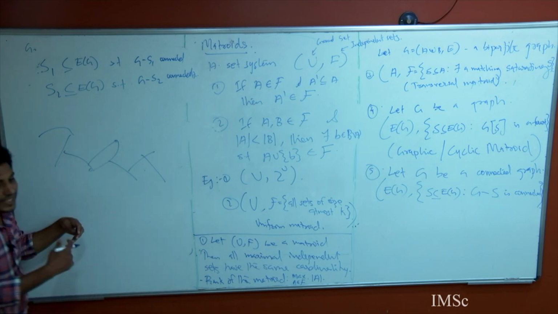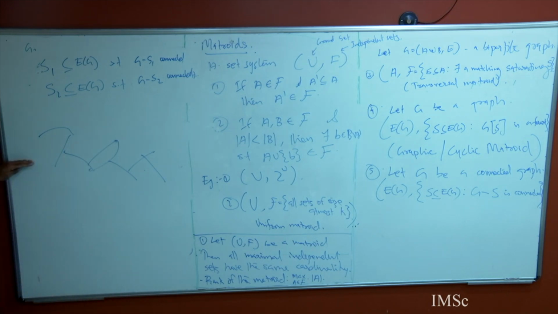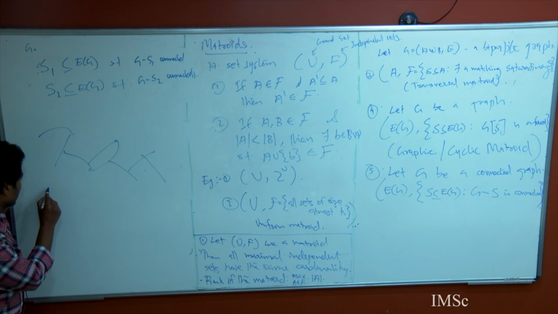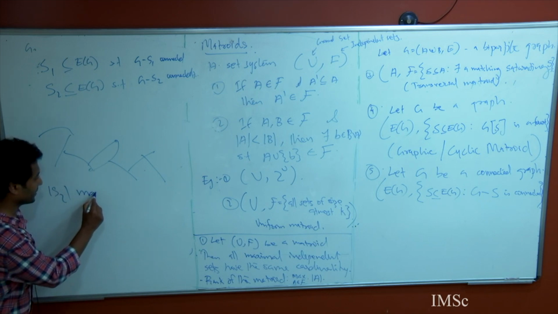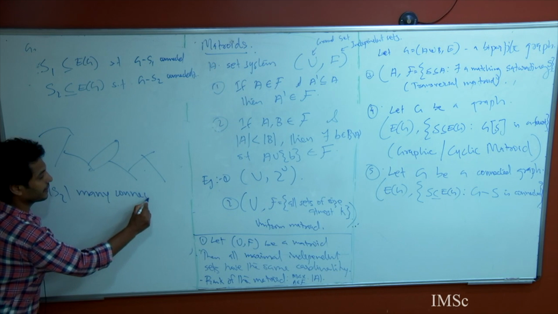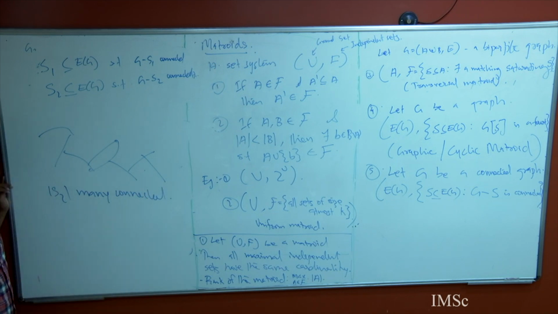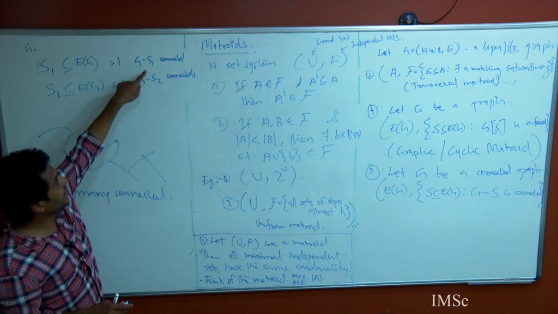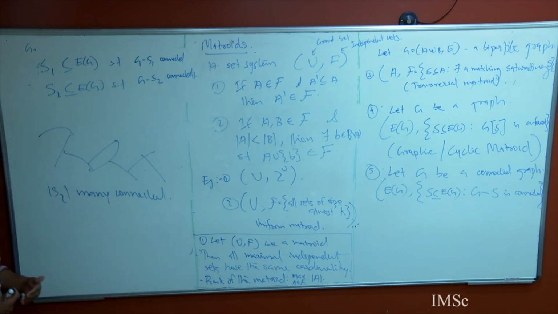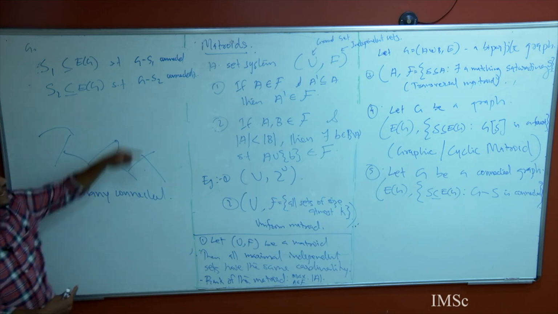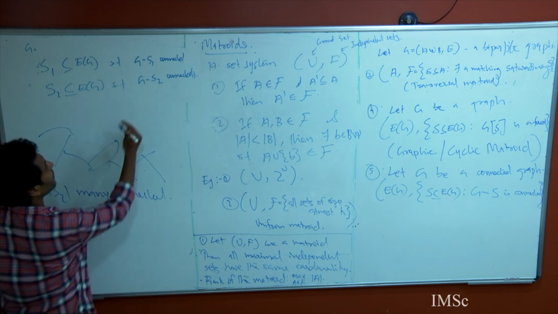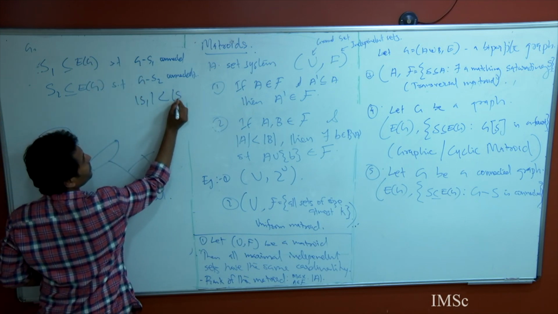Then when you delete all the edges in S2 from this graph, how many connected components will you get? Mod S2 many connected components, right? Clear? Now you just add back the edges in S1, okay? One edge can connect two connected components. Keep doing. Eventually you will not get a connected graph, because you add back only mod S1 many edges, and S1 is strictly smaller than S2.